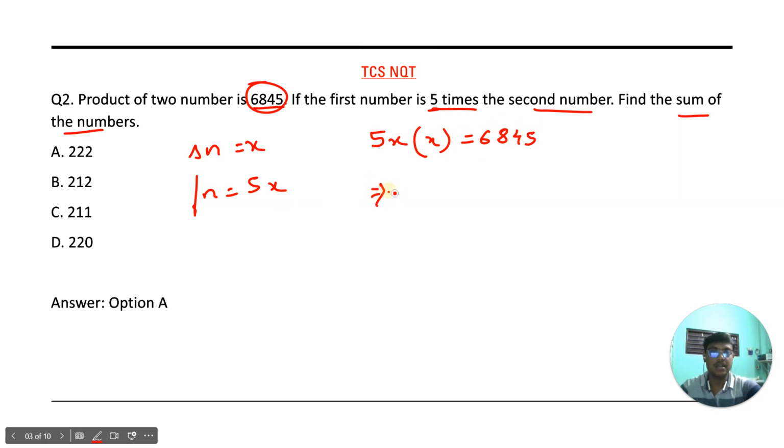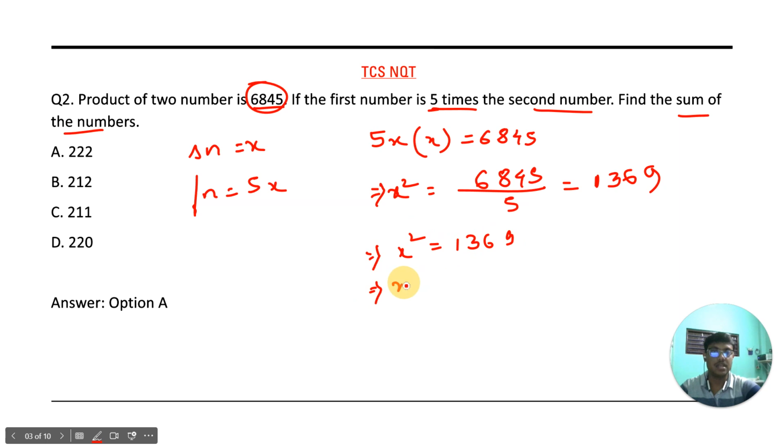So from here we get x square is equal to 6845 divided by 5. And this comes out to be 5 ones are 5, 5 threes are 15, 5 sixes are 30, 5 nines are 45, so 1369. We have x square is equal to 1369.